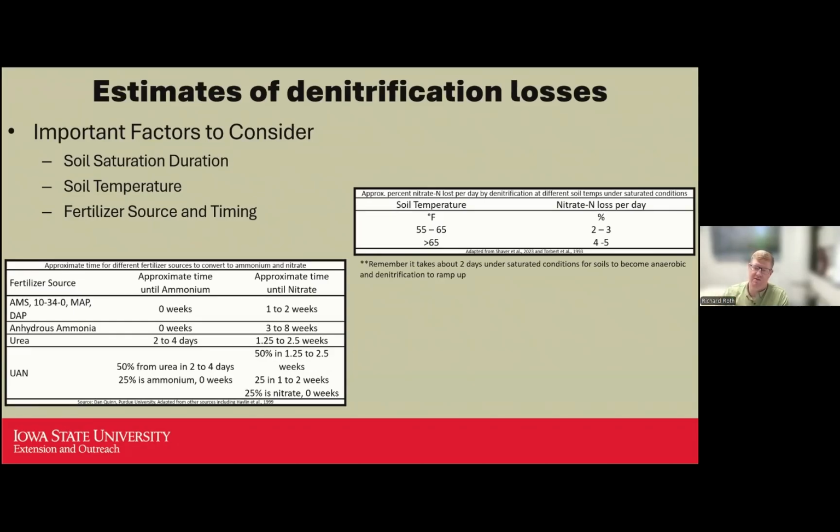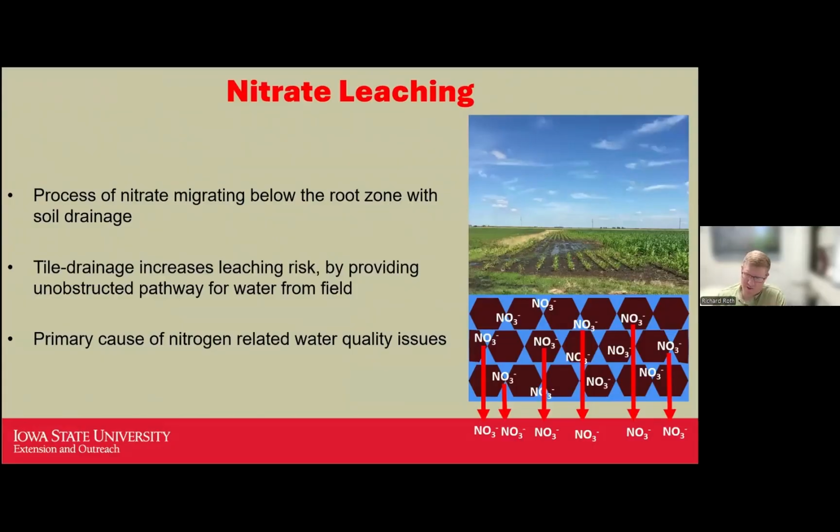rainfalls pushing it through the soil into the tile. So let's talk about that: nitrate leaching. It's nitrate moving with water through the soil. It hits our tile lines or other forms of groundwater, and then we end up with the water quality issues that we all hear about.